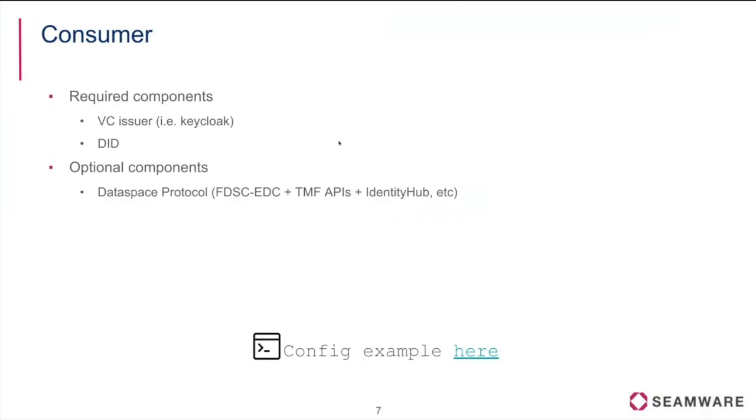Theoretically a connector is not necessary, but since we have it, the connector can deploy these two required components. You can take advantage and just use the connector and only enable these two components. And there is another optional component, which is for compatibility with EDC and DSP.